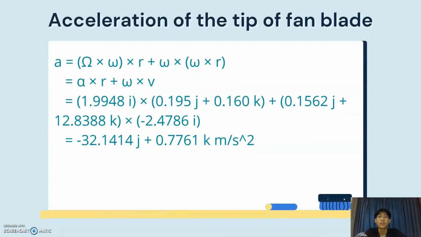Next, for the acceleration of the tip of the fan blade, we just need to calculate the summation of the cross product of the angular acceleration times the position vector and the angular velocity times the velocity. This will give us this number.